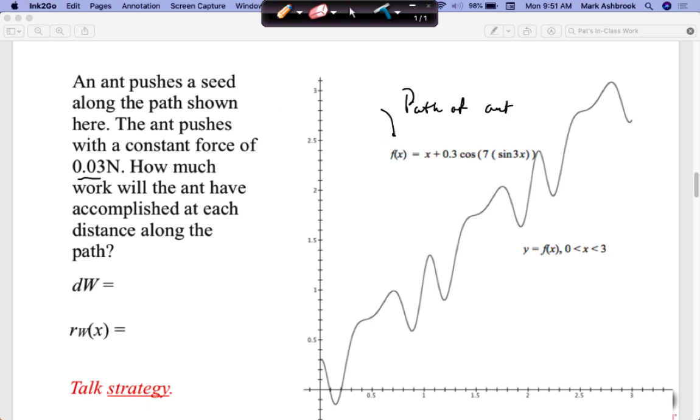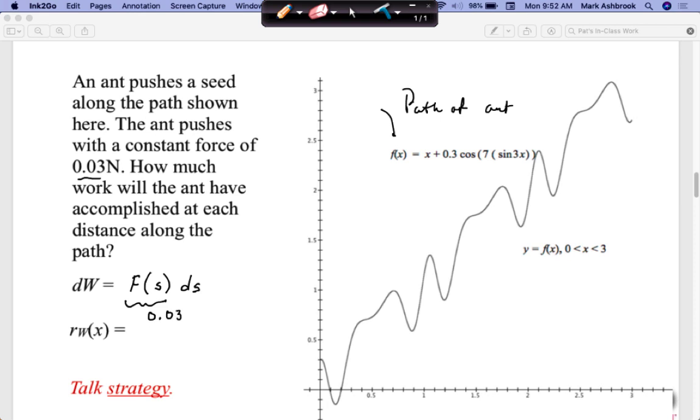So what will dW be? We said it will be the force as a function of arc length times ds. But in this case, what is the force? It's just constant, right? So 0.03, that's no problem.